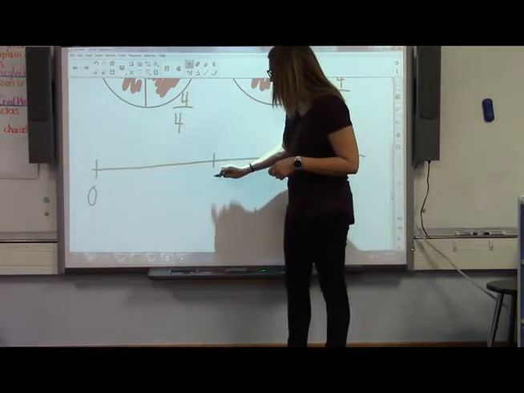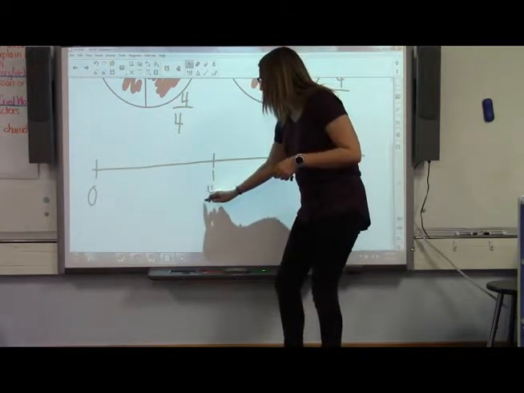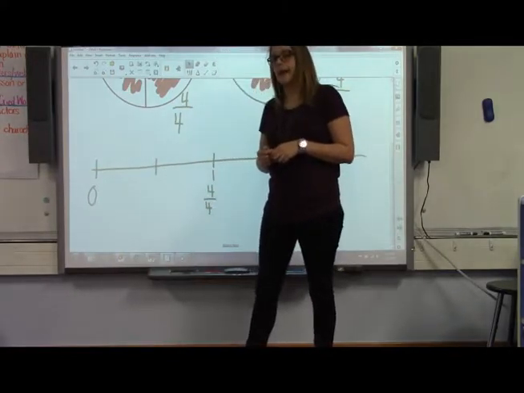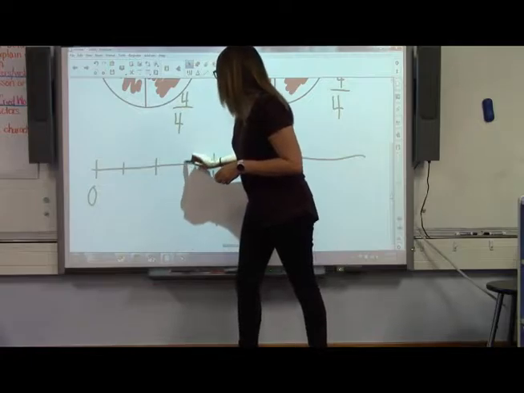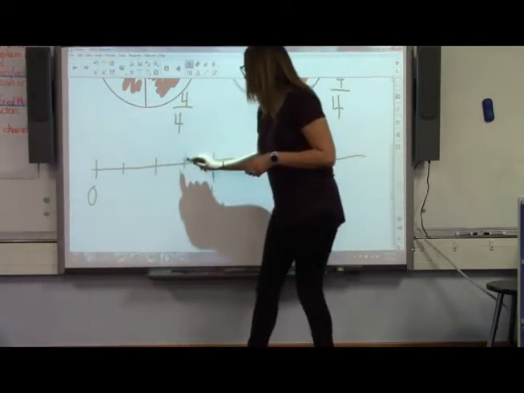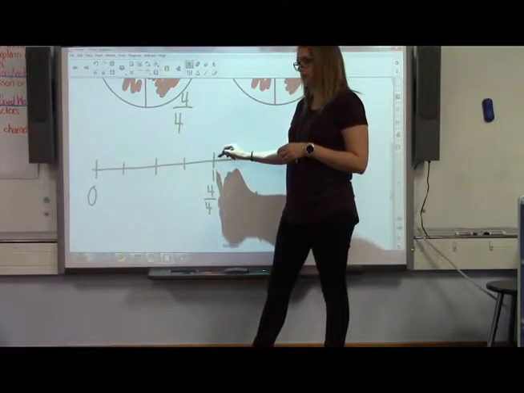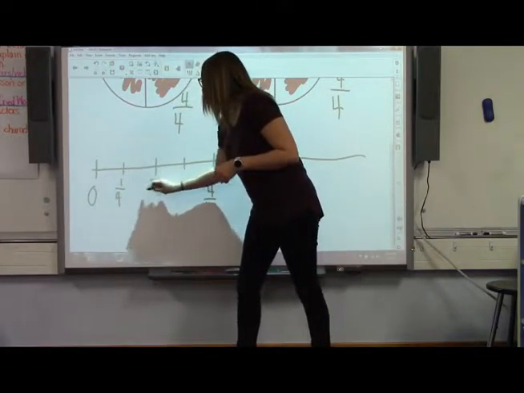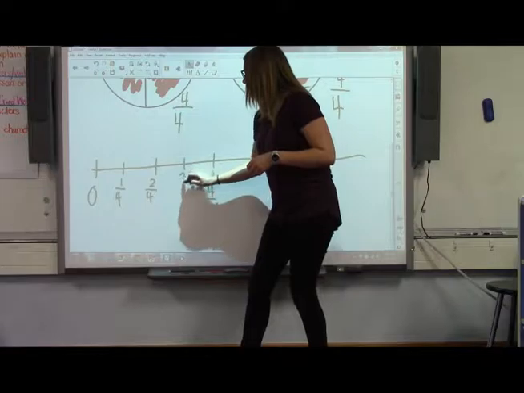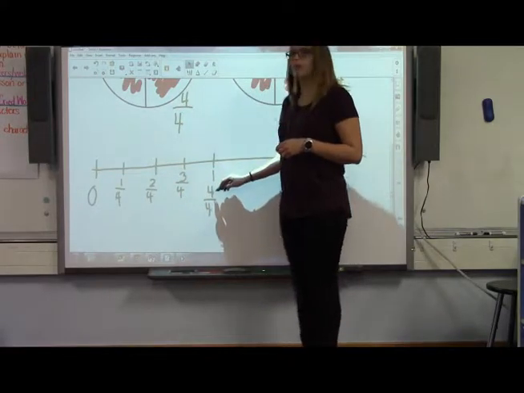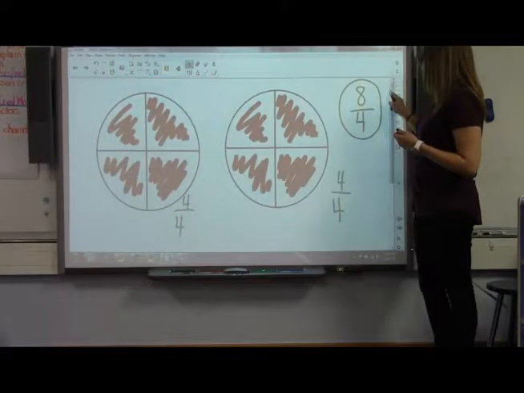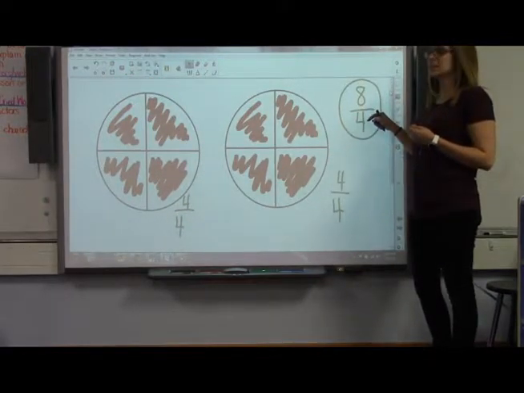I'm going to call this 1, or 4/4, and I'm going to partition this in half and in half again, so that I have 1, 2, 3, 4 sections. Okay, so this would be my 1/4, my 2/4, my 3/4, and my 4/4. But now I'm not done. If you remember, my original fraction is 8/4, so I need to keep going.